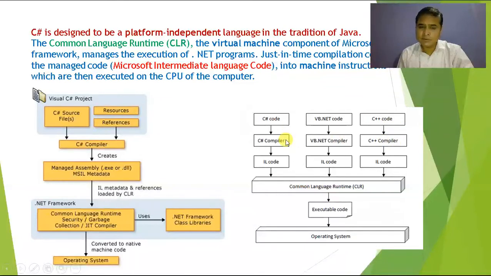These compilers convert the source code into intermediate language code corresponding to that particular language, either C sharp, VB.NET, C++. And the common language runtime is responsible to understand any kind of language and convert them into a neutral executable code which is dependent on that particular operating system native code.